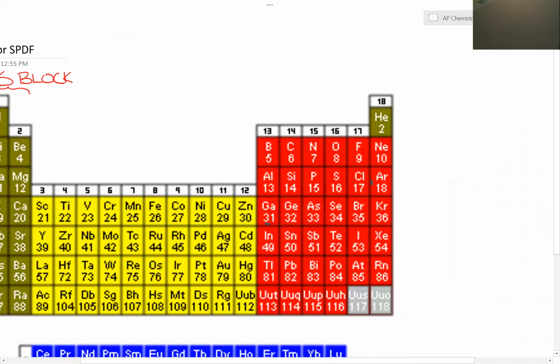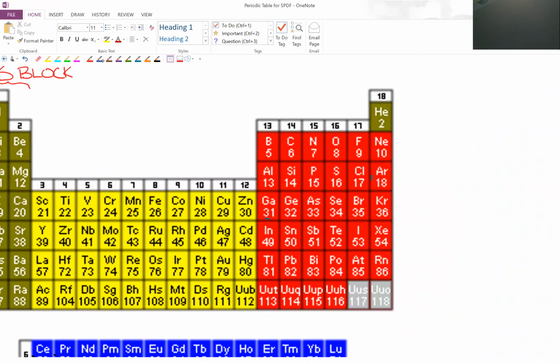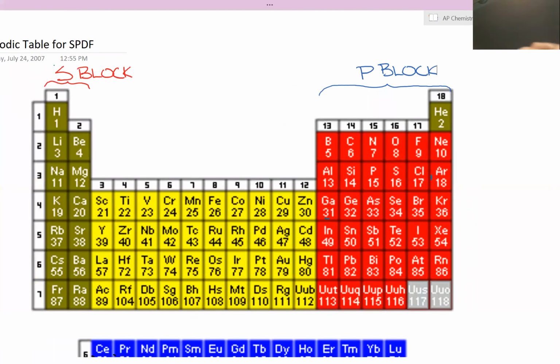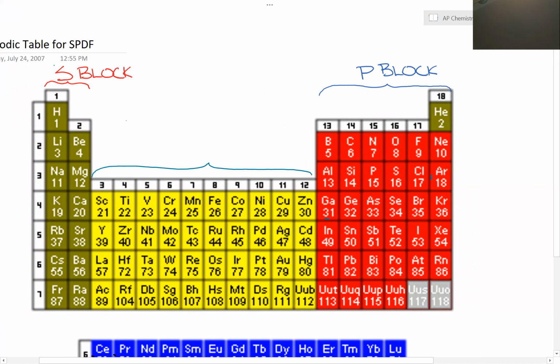The last 6 columns, I'll put in a different color. This is the P block. And in the middle, this is the D block.